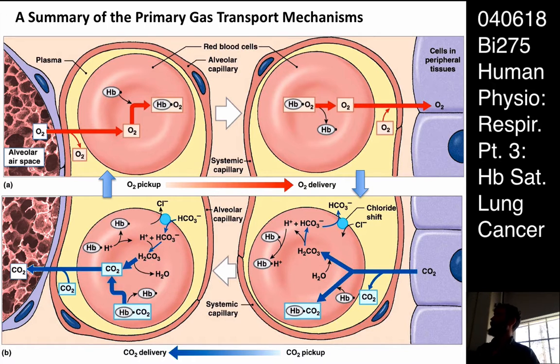So oxygen makes its way to the peripheral tissues and is offloaded from hemoglobin, and the little bit that's dissolved in the blood is also taken up by peripheral tissues. And then the cells release their carbon dioxide. So now carbon dioxide is actually a little bit mind-bendingly more sophisticated than oxygen transport. There's a lot of different ways carbon dioxide is able to make it to the exchange surface.